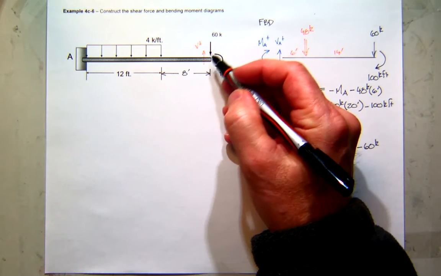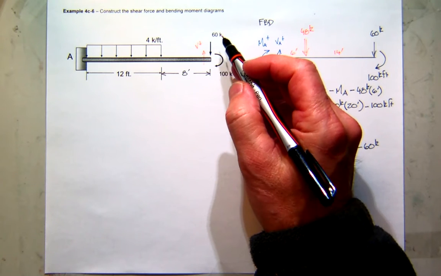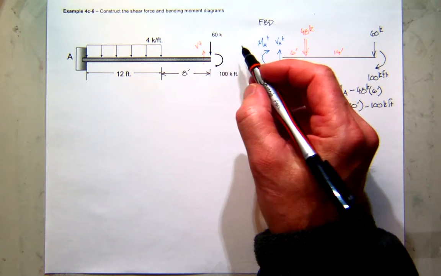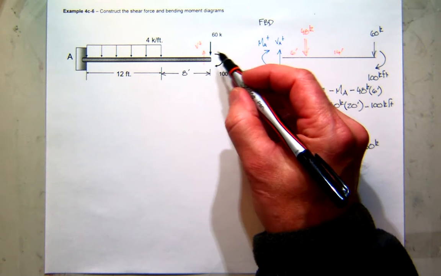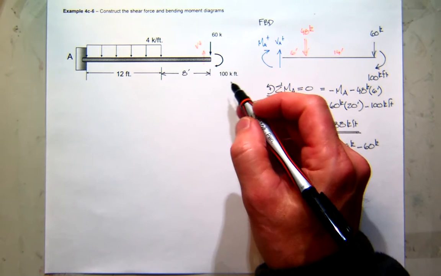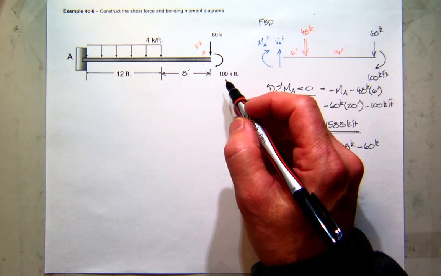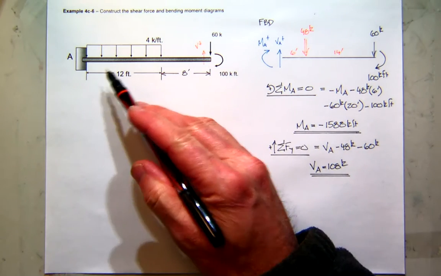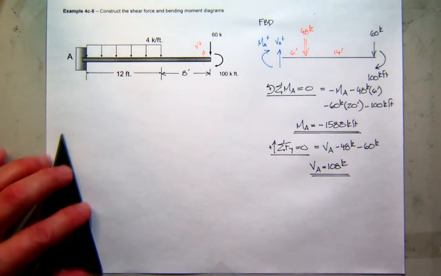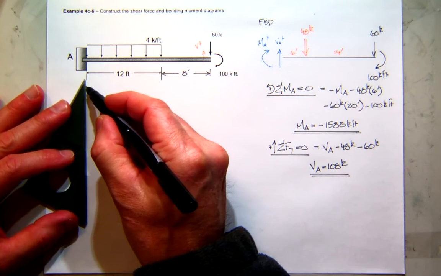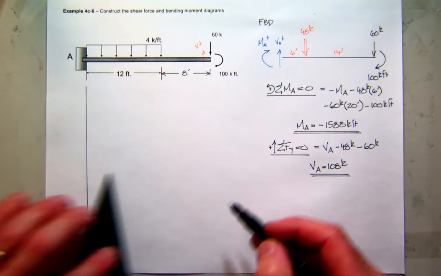So I should end up with a positive 60 at the end. What kind of bending moment is this? Positive or negative? Negative. It has a value of 100. So my bending moment diagram should end at negative 100. So I know where I'm starting and I know where I'm going. Let's see if we can connect the dots. I'm going to start by drawing a template.